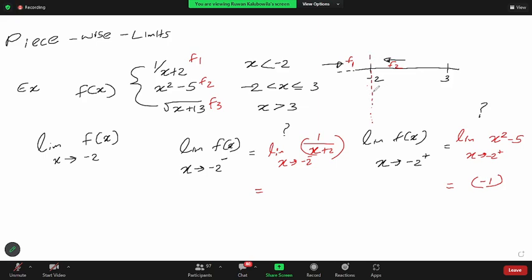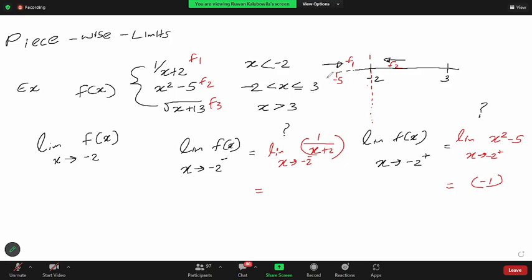We know that it goes to infinity, but we don't know whether it is negative infinity or positive infinity. For that, we can substitute some number just below negative 2. Let's take negative 5. Then negative 5 plus 2 gives 1 over negative 3, which is a negative value.